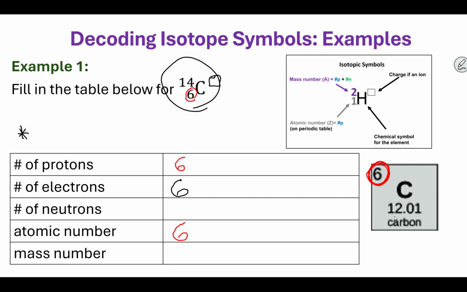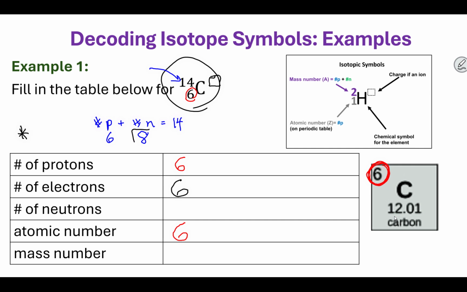Now what does this 14 mean? This 14 means that the number of protons plus the number of neutrons equals 14. Well, we already know that the number of protons is 6, and so the number of neutrons has to be 8.